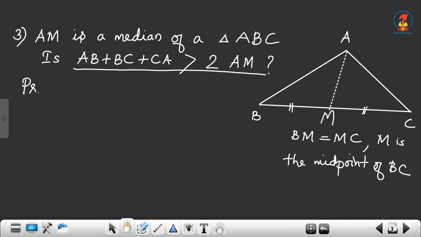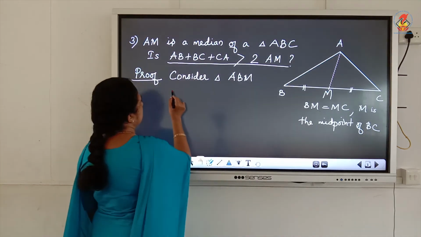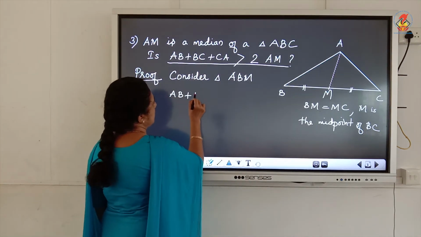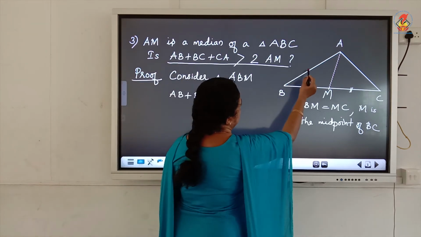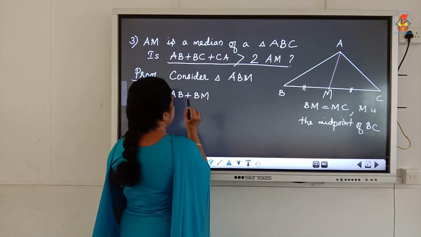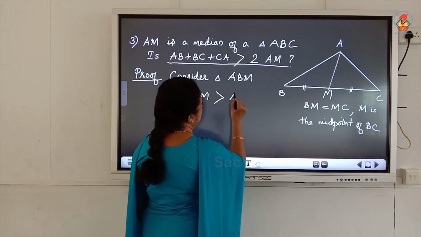Now we have to check it, the proof. First you have to consider triangle ABM. Now we can say that sum of any two sides of a triangle is greater than the third side. Now using that property we can write AB plus BM, sum of any two sides, AB and BM we consider, and AB plus BM is greater than AM.